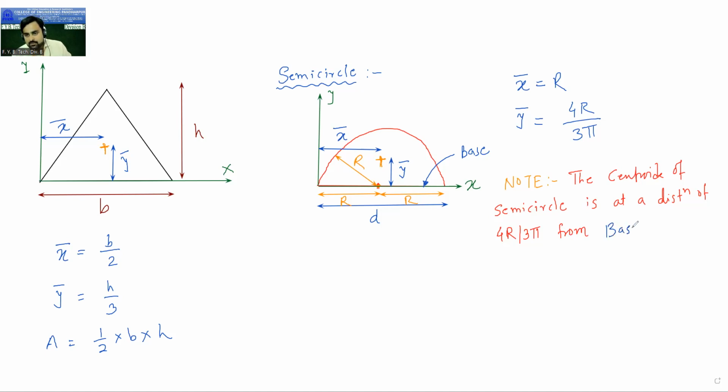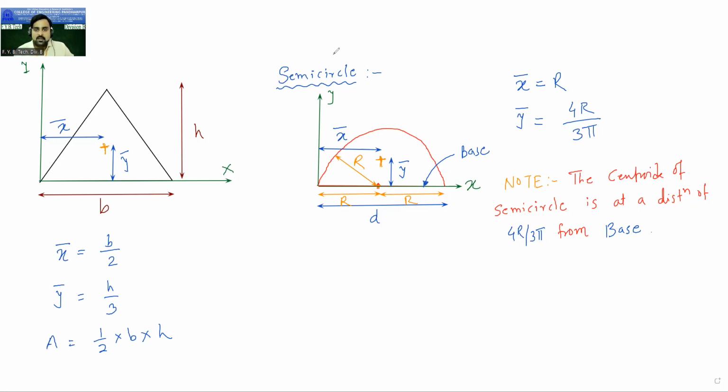This is important, from the base. So the centroid of the semicircle is at a distance of 4r by 3 pi from base.